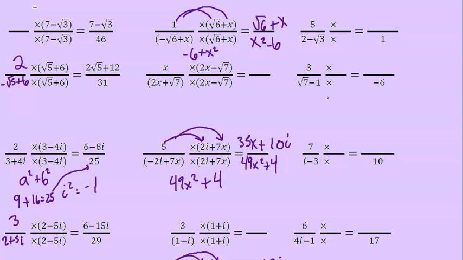Let's look at this one. So the conjugate of square root 7 minus 1 is negative square root 7 minus 1. Distribute the 3 into each of those to get negative 3 minus 3 square root 7.